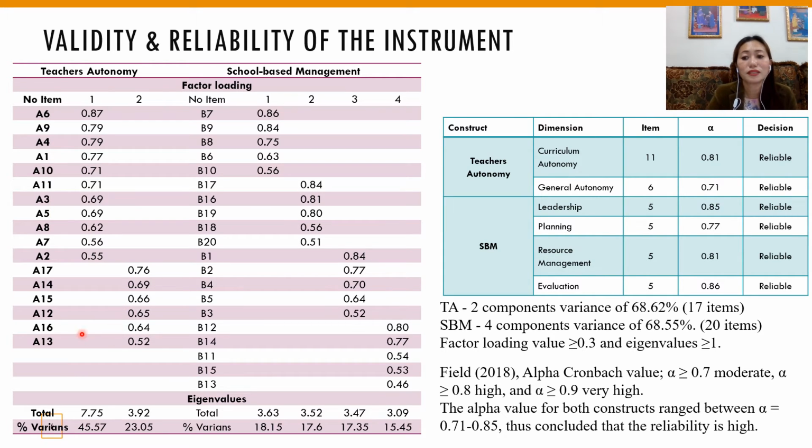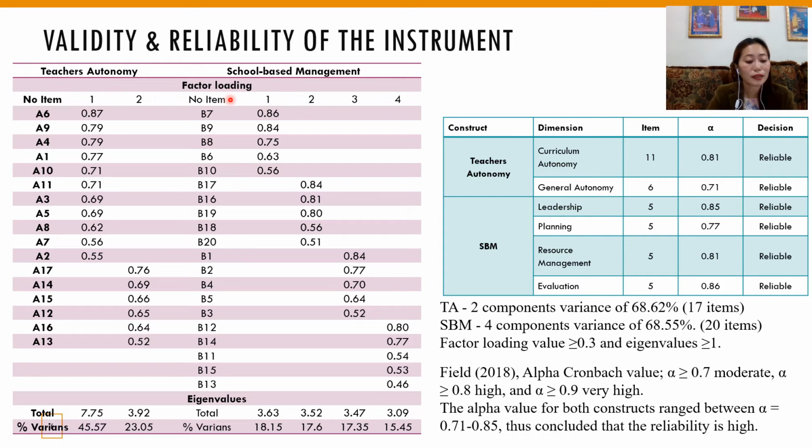There are 17 items, all in teacher autonomy. So this is proof that the two dimensions were used in the study. The first one is curriculum autonomy, and the second one is general autonomy.